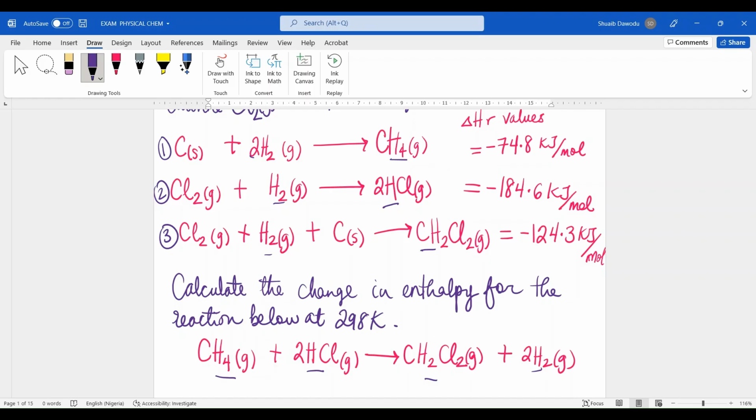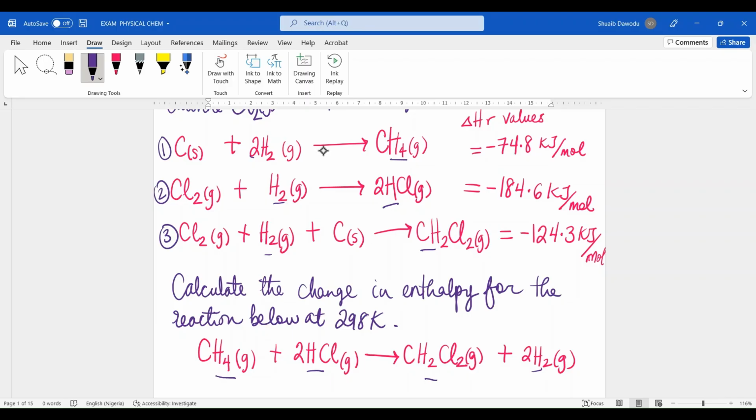One thing you need to know when you have a question like this is that you're going to be dealing with Hess's law. Hess's law tends to ask you for the change in enthalpy for a particular reaction. Generally, Hess's law states that the total change in enthalpy of a reaction is equivalent to the sum of the enthalpy change for each individual reaction step.